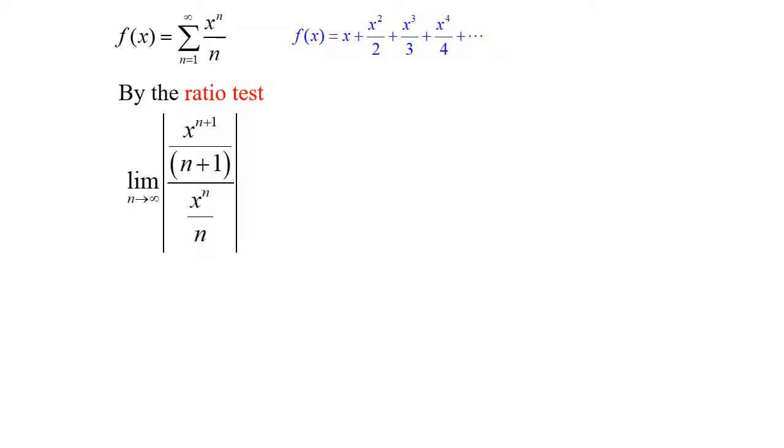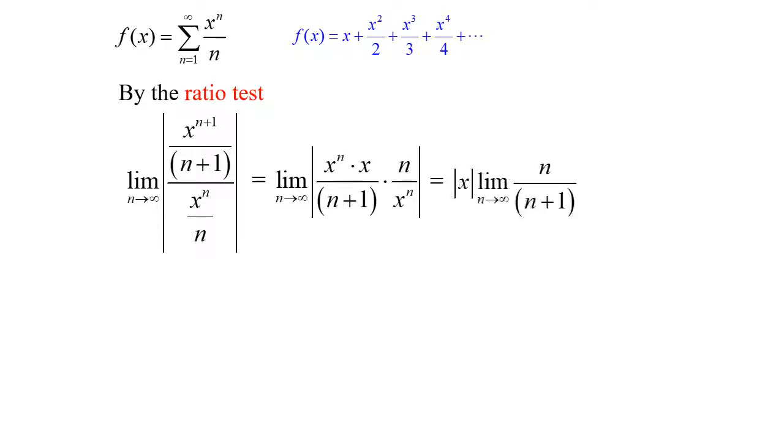We plug in the n plus 1, we divide by the original function, simplify, and do the limit. Well, we've done this before. The limit of n over n plus 1 is 1, and we just get the absolute value of x. To be convergent, that has to be less than 1.